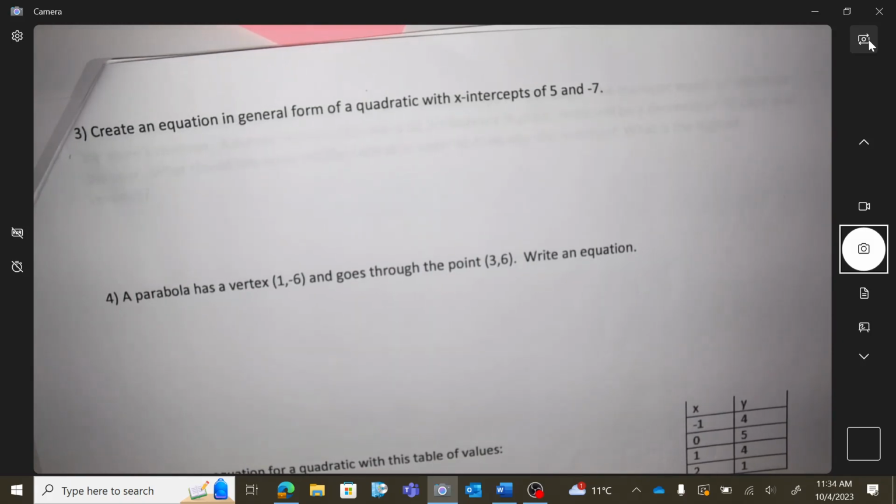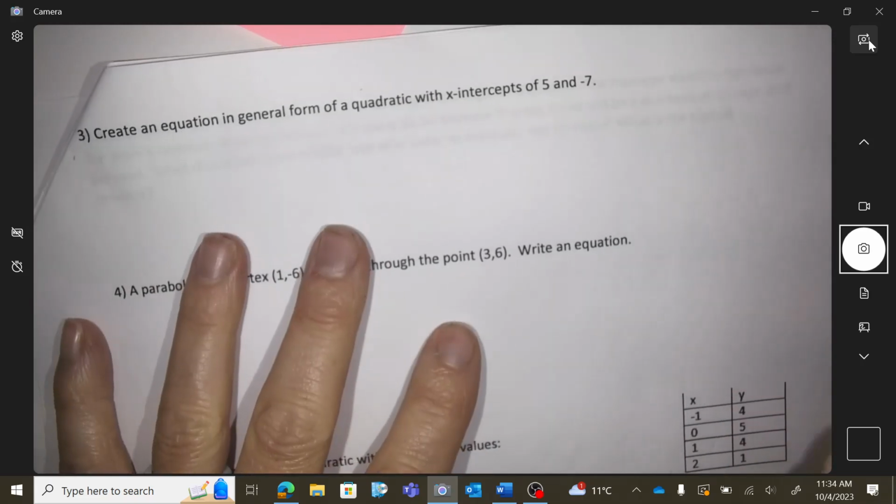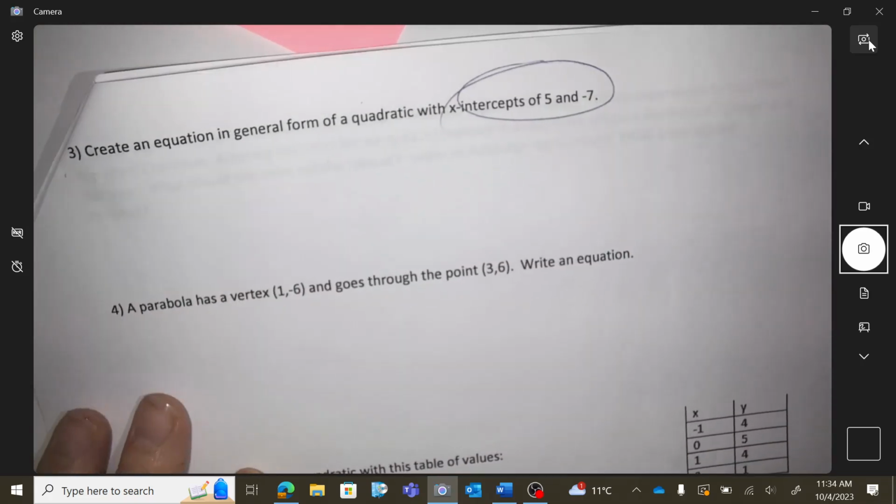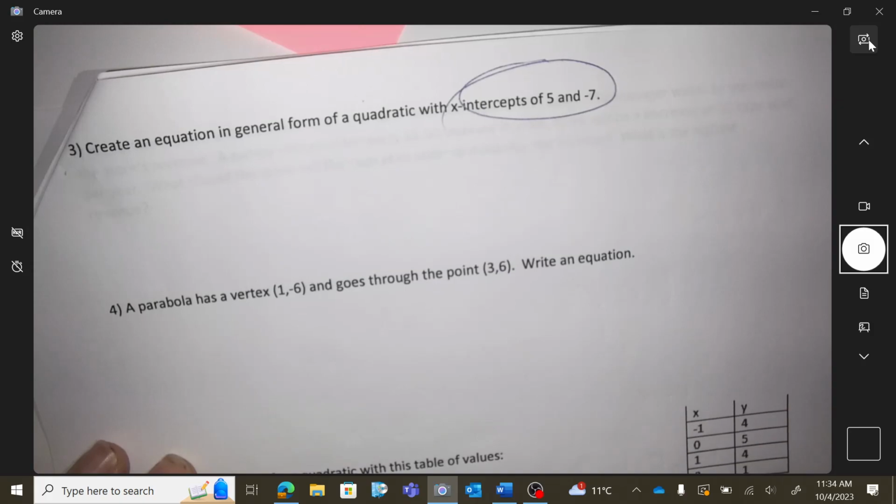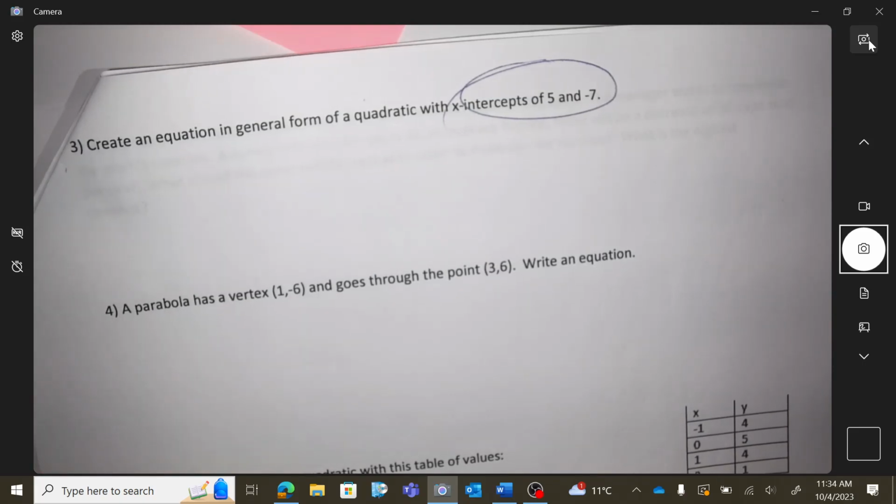Okay, making equations. So I gave you the x-intercepts here, and then you've got to make an equation. So here's my question for you. What did I do to get x-intercepts?